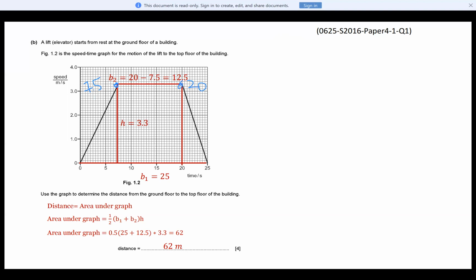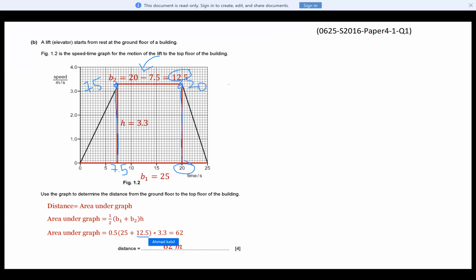If you can see here, we have a vertical line, and this tells us that the x value is 20. We also have a vertical line here, and it's exactly in the middle between 5 and 10. So this tells us that the value here is 7.5, which helps us to get the value of B2 as 20 minus 7.5, which is equal to 12.5. So therefore, B2 is 12.5.